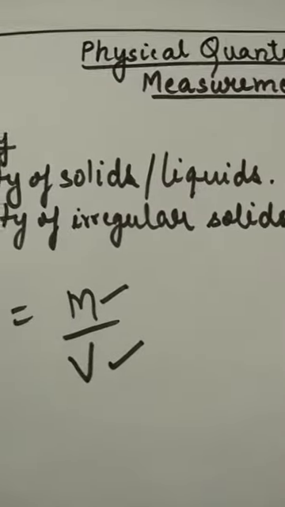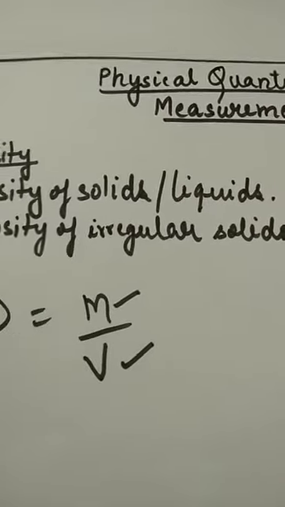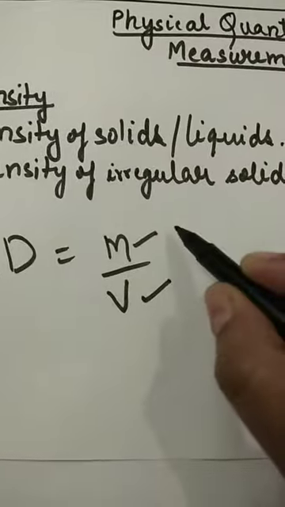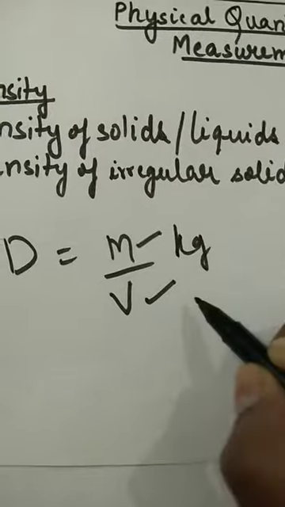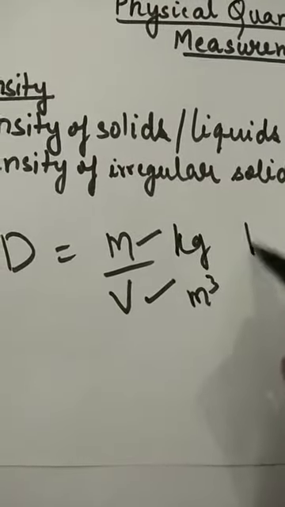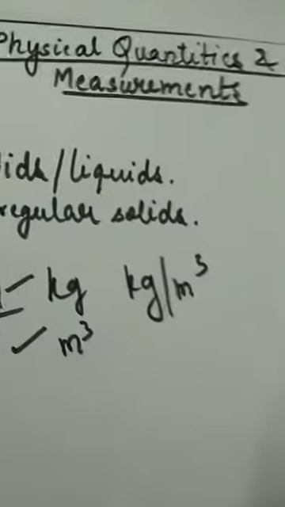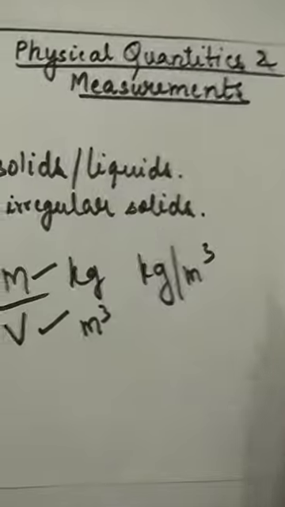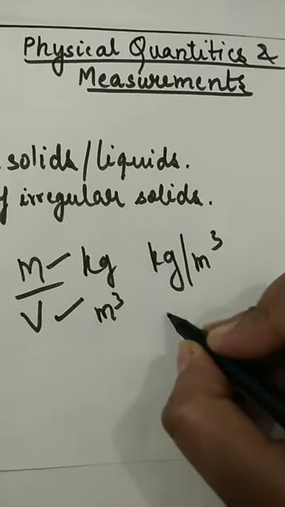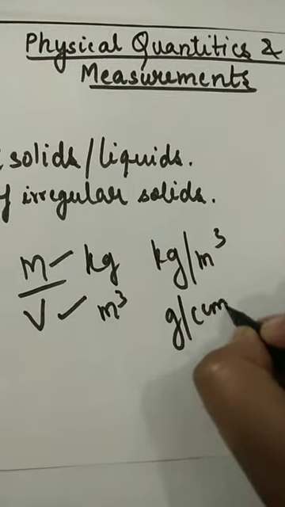The SI unit of density: the unit of mass is kg and the unit of volume is meter cube, so it is kg per meter cube. The CGS unit of density is gram per centimeter cube.